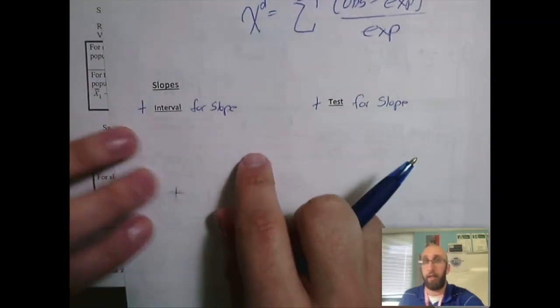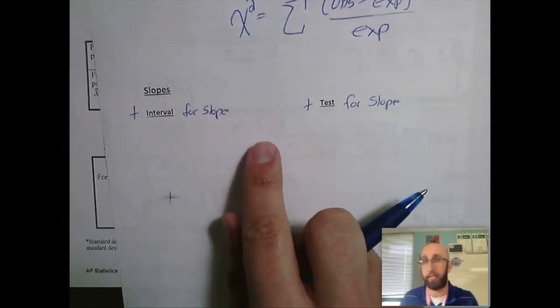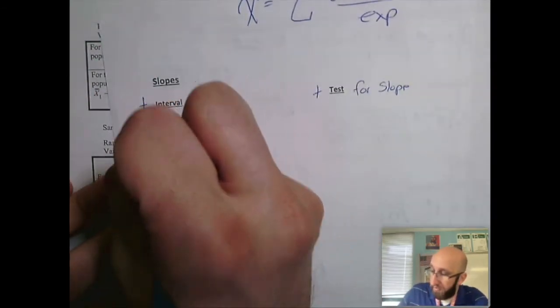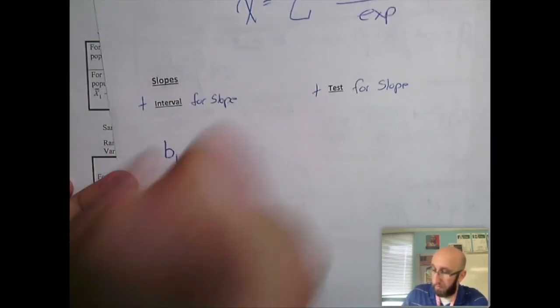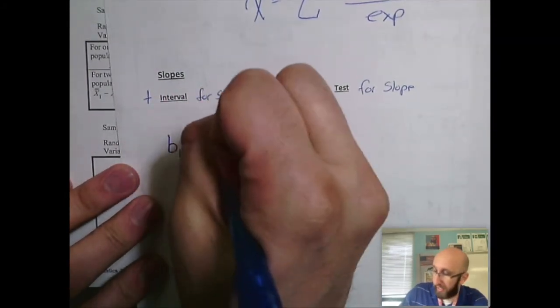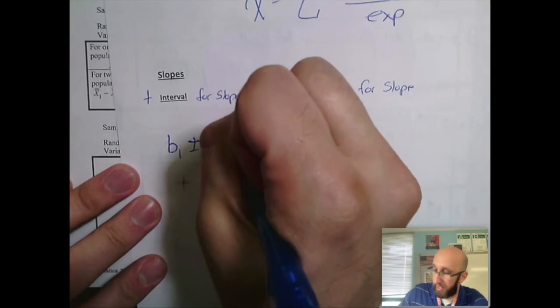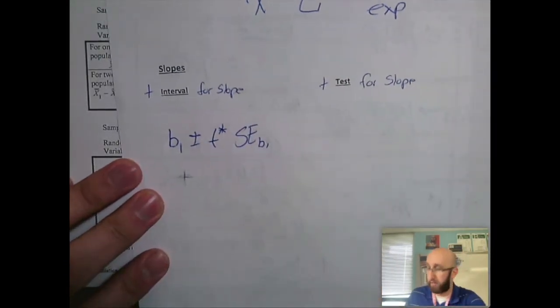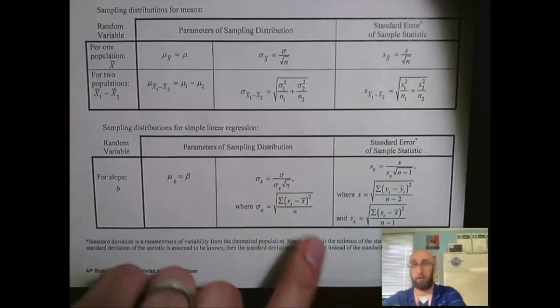It's nice. The final thing I want to talk about is confidence intervals and hypothesis tests for slope. So a t-interval for slope or a t-test for slope. For this one, you take your sample slope, which is b1, that's your statistic, plus or minus t star times the standard error of our slope, which is on our AP formula sheet.